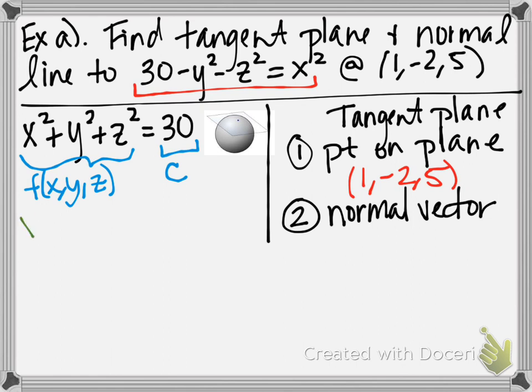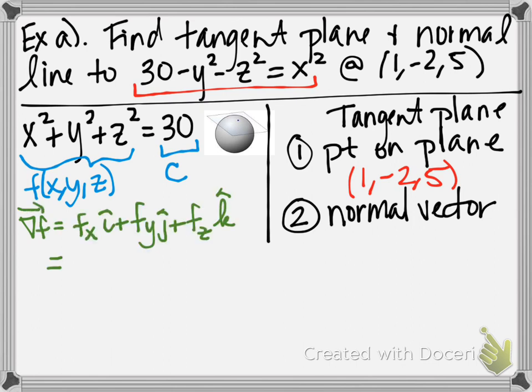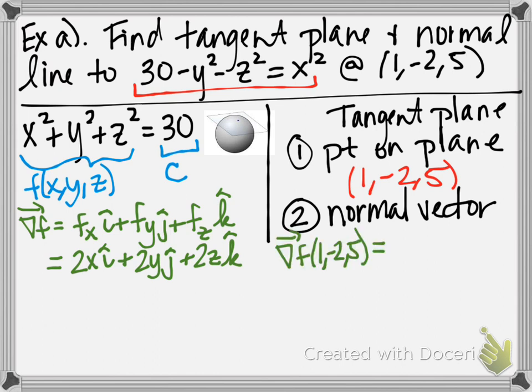So now we want to find the gradient of this function. And then we're using the fact that the gradient vector is normal to the level surface. So if I want to find the normal vector to my plane, I can just evaluate the gradient vector at the point (1, -2, 5).